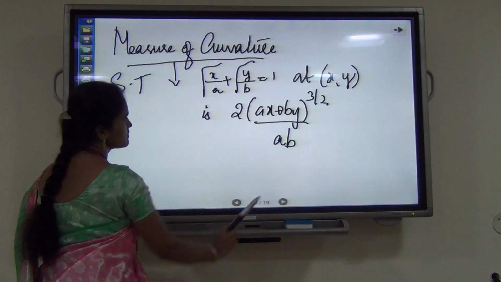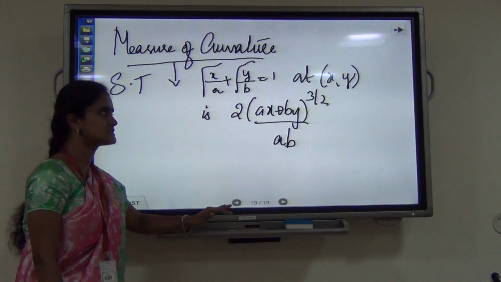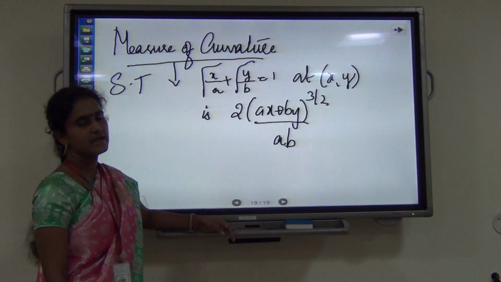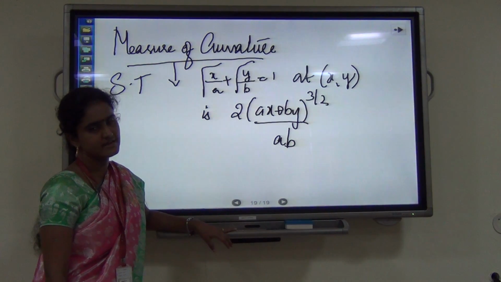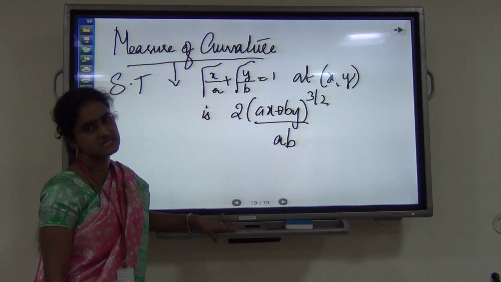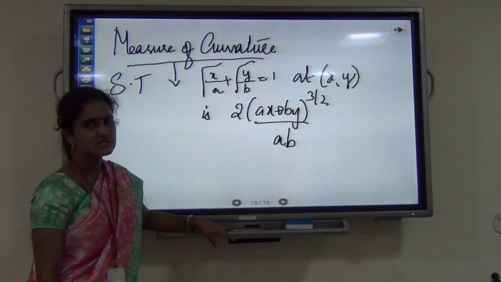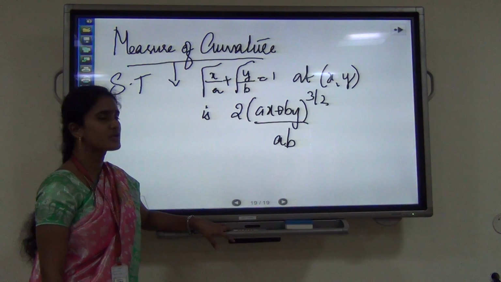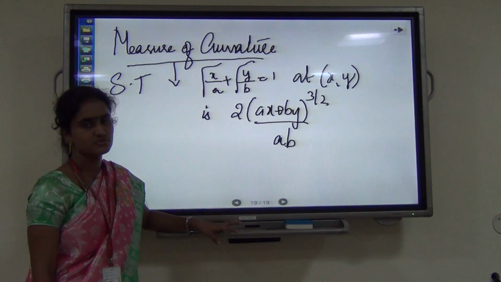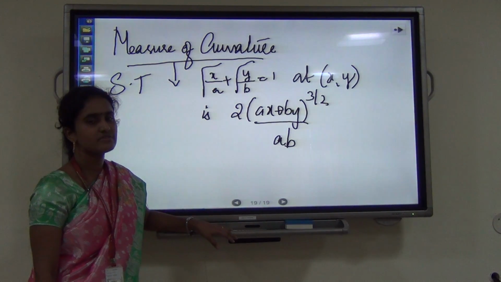We'll do the usual steps. We check whether it is a Cartesian curve because we are doing problems in Cartesian. Parametric is also there, so we'll do that separately. We'll differentiate this with respect to x, and also with respect to y.